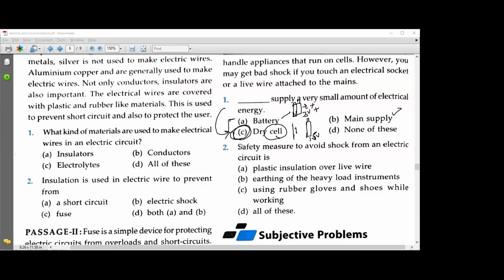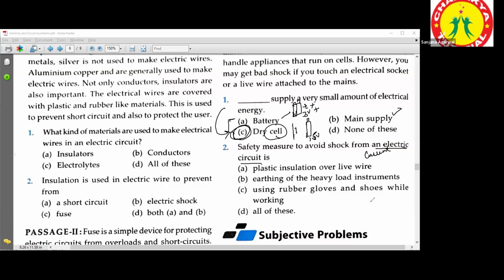Okay. Safety measure to avoid shock. They are not telling that we have to prevent only short circuiting or any specific thing, nothing mentioned. So safety measure to avoid shock from an electric circuit. If any appliance is plugged into the socket and is in running mode, that means electric current is passing through the complete circuit. And if the body of our device is metallic, that can also give a shock, because metals are good conductors of electric current.